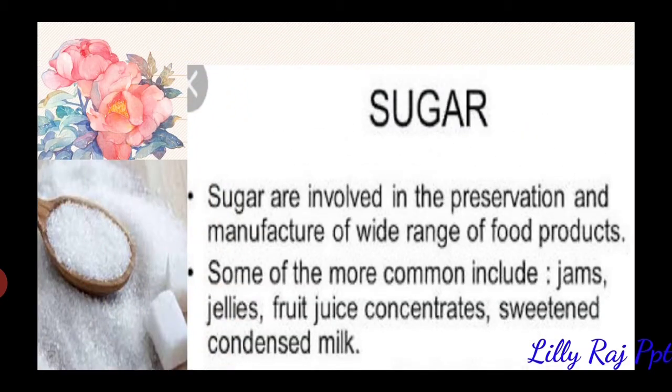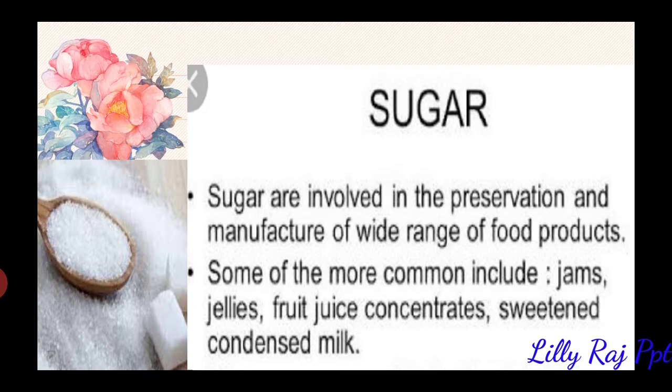The next one is adding sugar. When sugar is added to food, it dissolves in the water content of the food and preserves the food from spoilage. Sugar is involved in the preservation and manufacture of a wide range of food products such as fruit jams, which you eat daily.